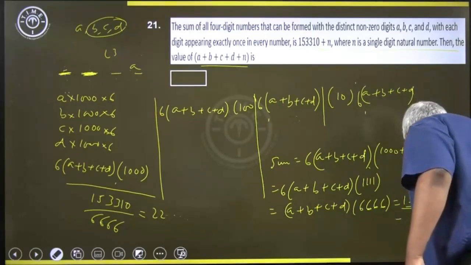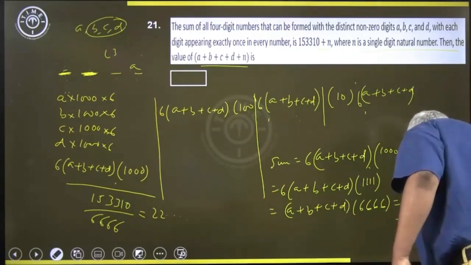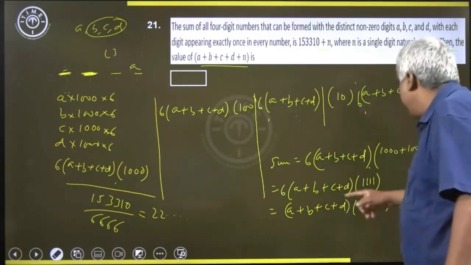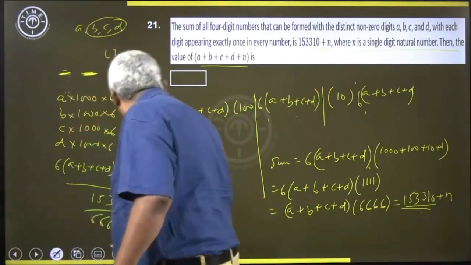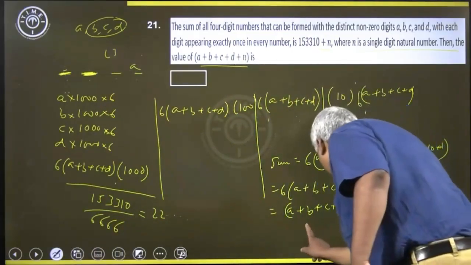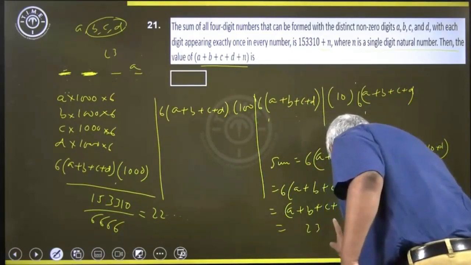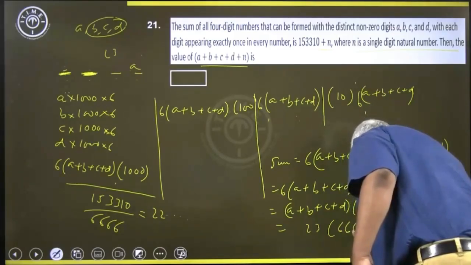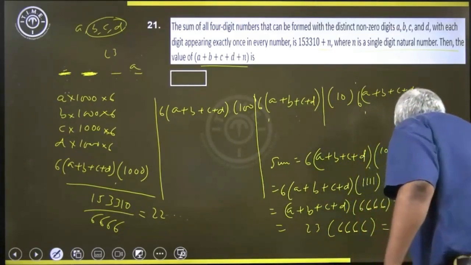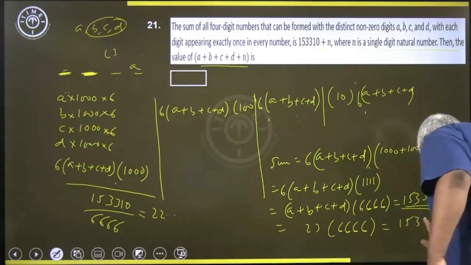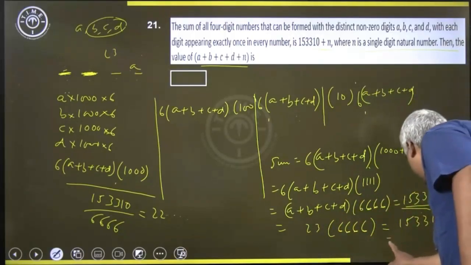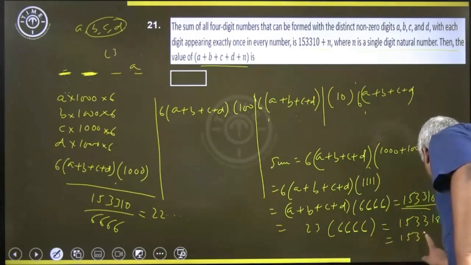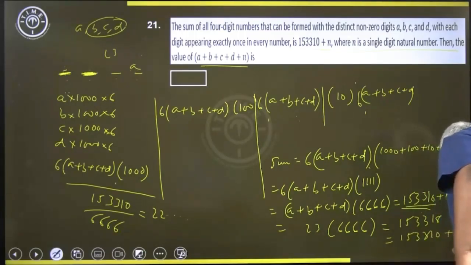So if we try 666 times 23, we get 153318. You see, 6 threes are 18, so it ends in 18, which we can write as 153310 plus 8.